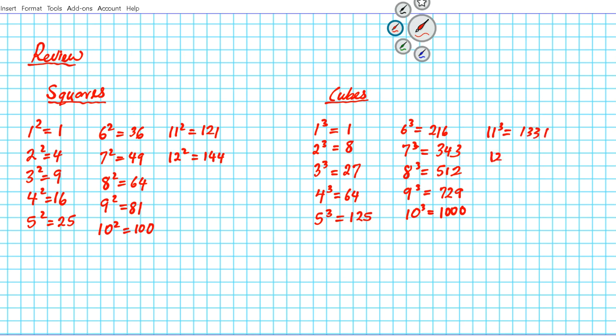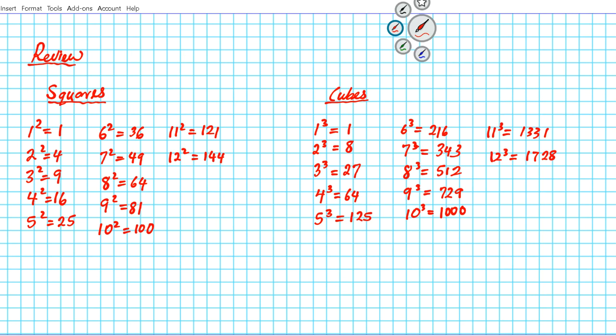And then 12 cube, 12 times 12 is 144, times 12 is 1728. Okay, so these are the squares and cubes that can really help you compute the roots with ease.